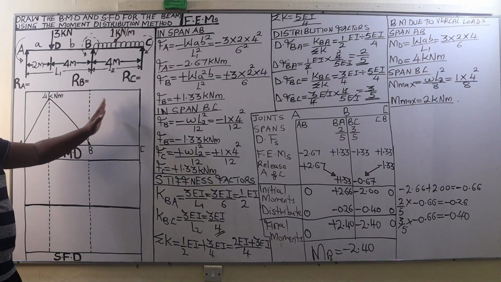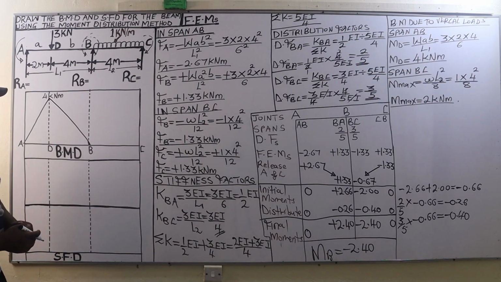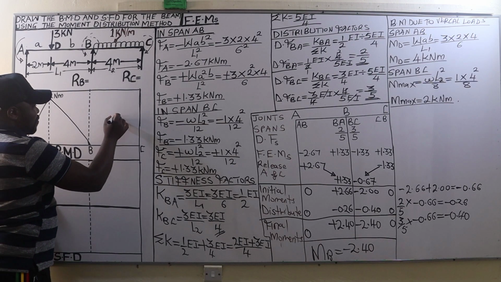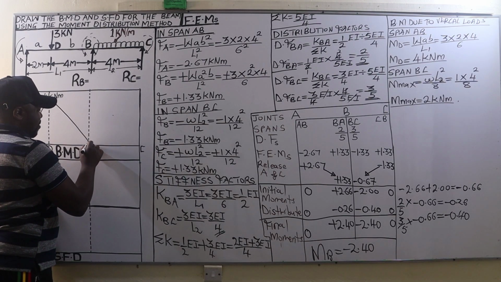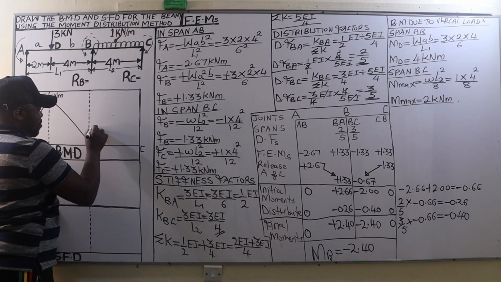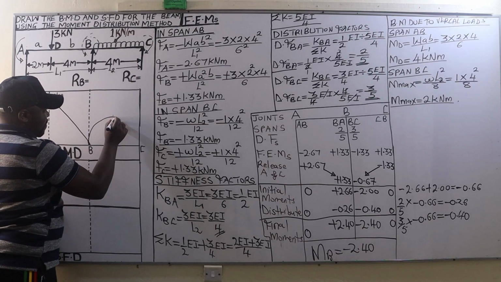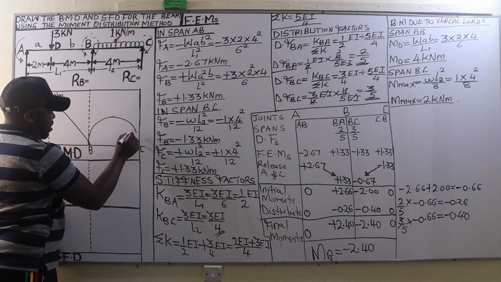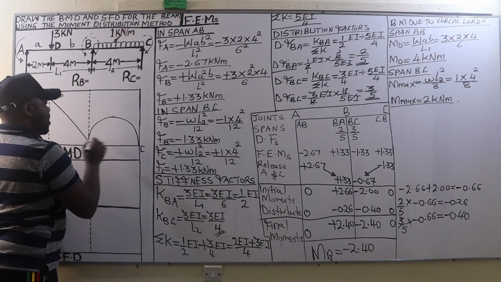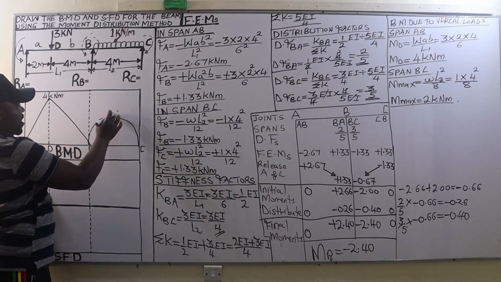Then on the span BC, it is a UDL, so it is going to be a smooth curve with a value of 2 kilonewton meters.